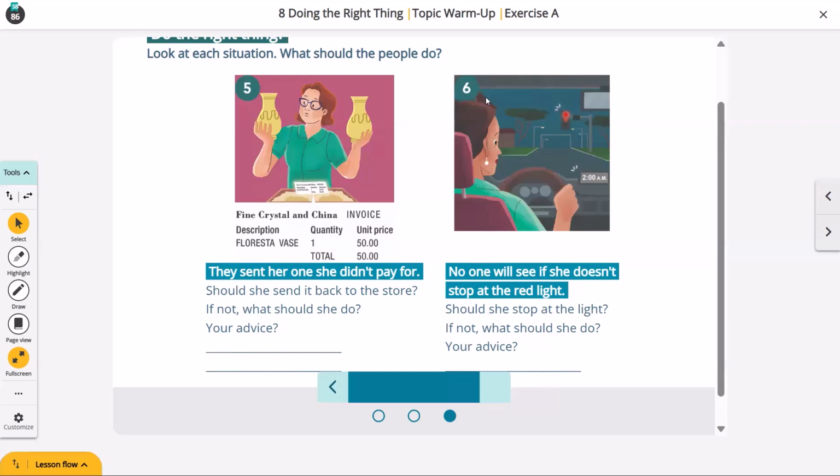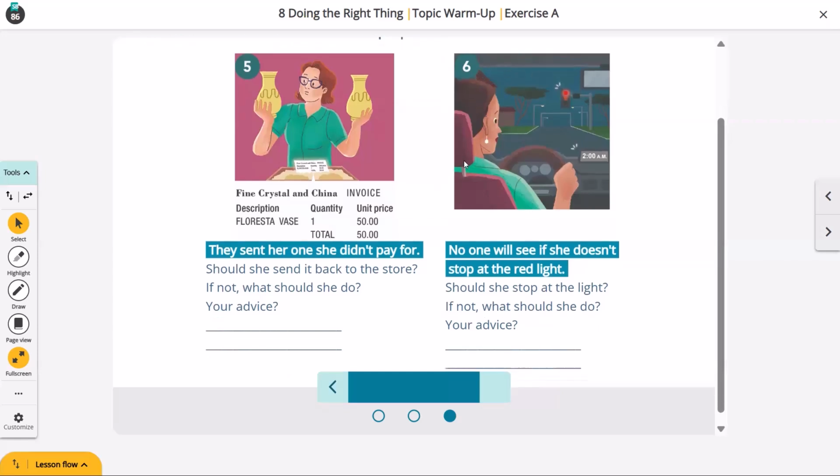We can in this case observe in the picture that no one will see her. It is the red light in this case. So, what should she do in this case? Which can be your advice? Any volunteer with this last situation? Nobody.